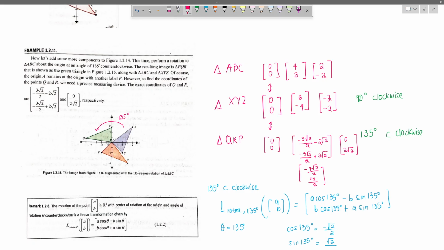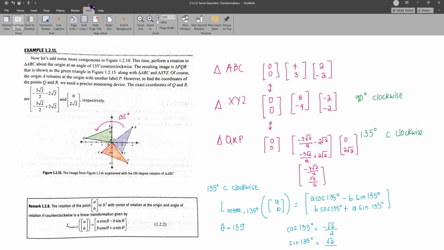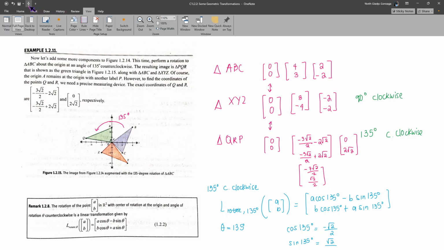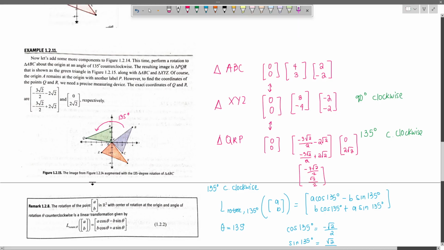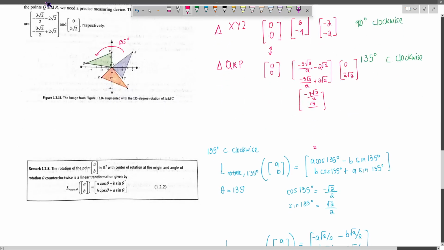So how are we going to get this if we have to directly or accurately solve for the components? One thing that we can use is this formula.